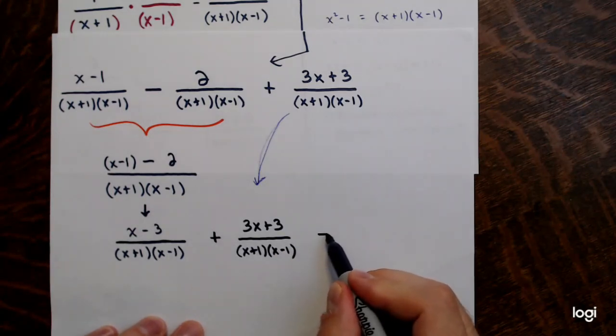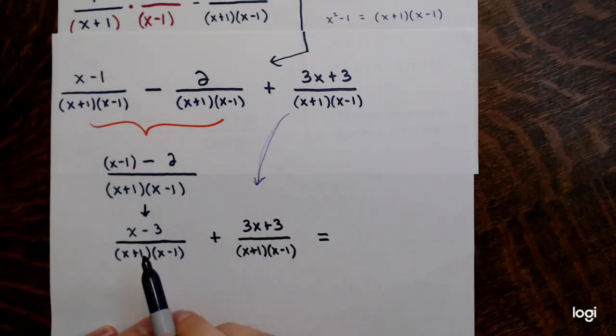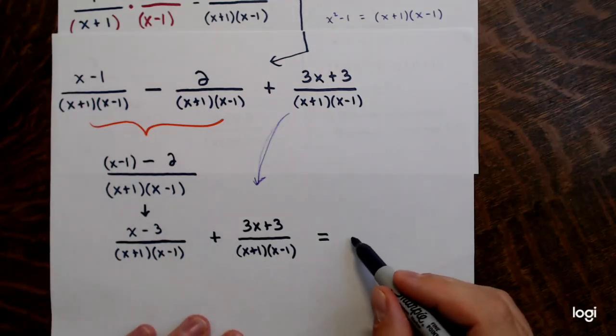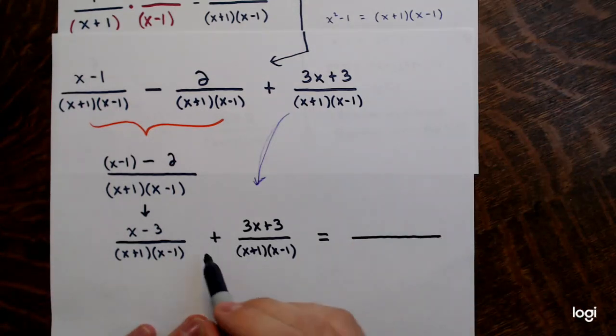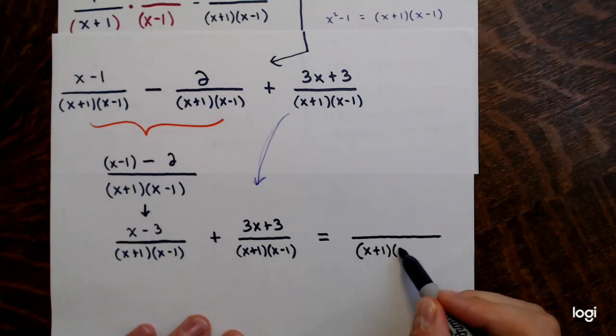So now, I'm going to go over here. Fraction plus fraction, the denominators are the same, and once the denominators are the same, you can put them together. And the denominator of the sum will be that LCD, that common denominator, so x plus 1 times x minus 1.